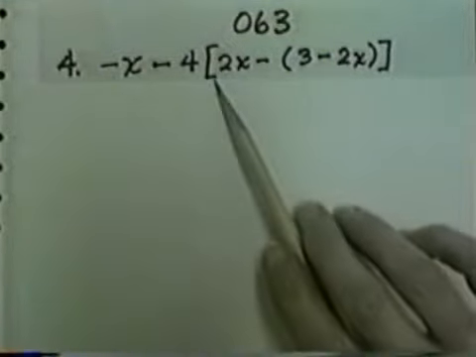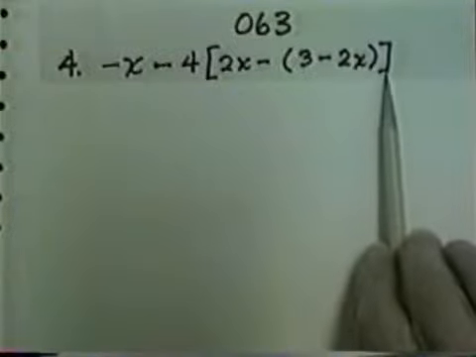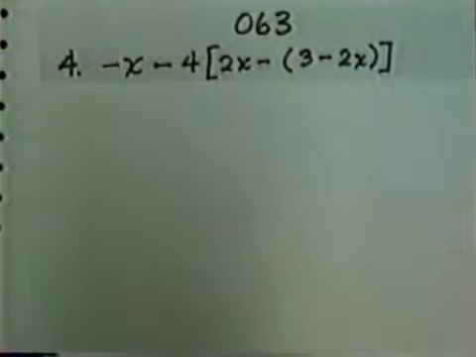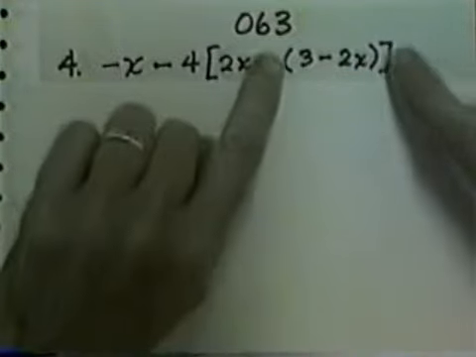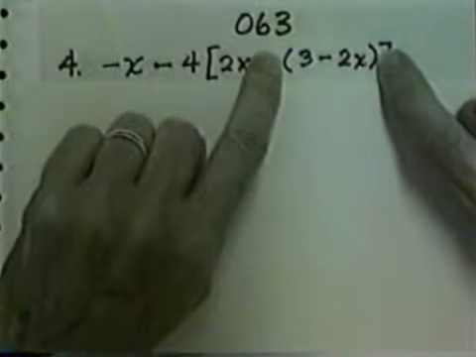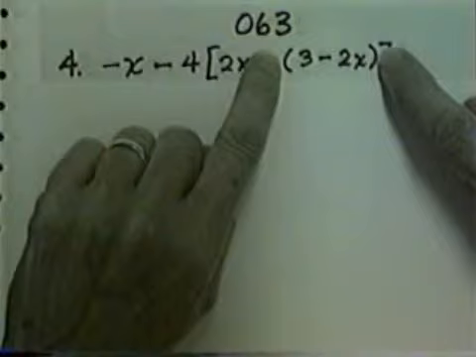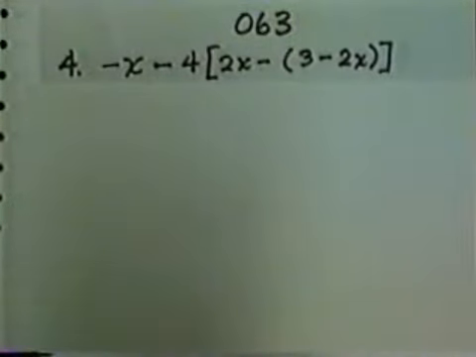When we have a symbol of inclusion and another symbol of inclusion within, we always begin with the innermost symbol of inclusion. 3 subtract 2x. However, 3 subtract 2x cannot be simplified since these are not like terms. And so the best we can do is rewrite the subtraction as add the opposite.